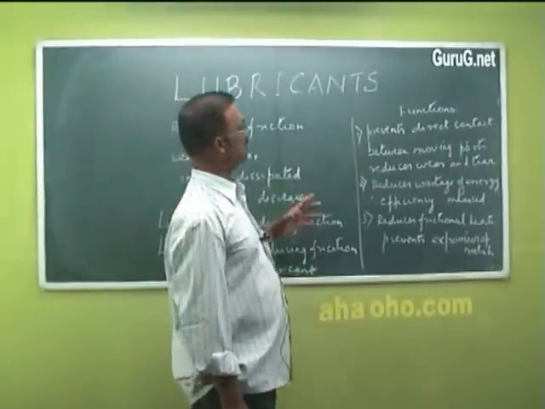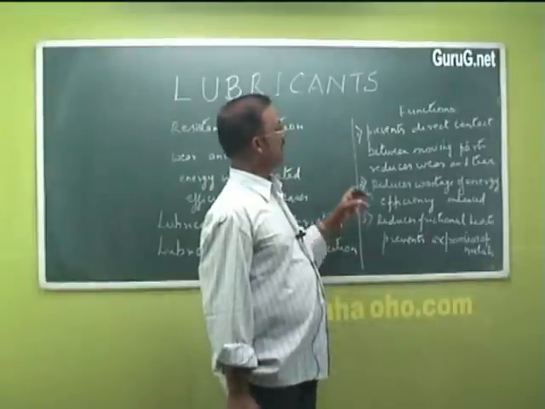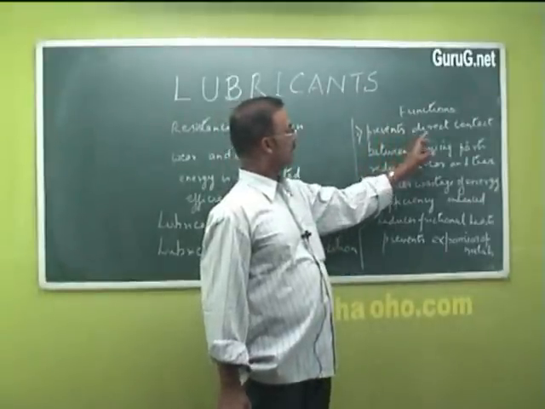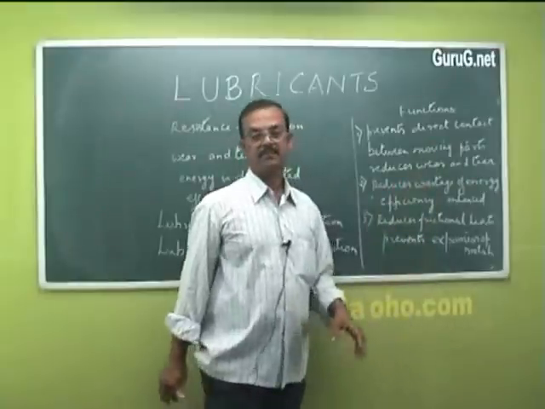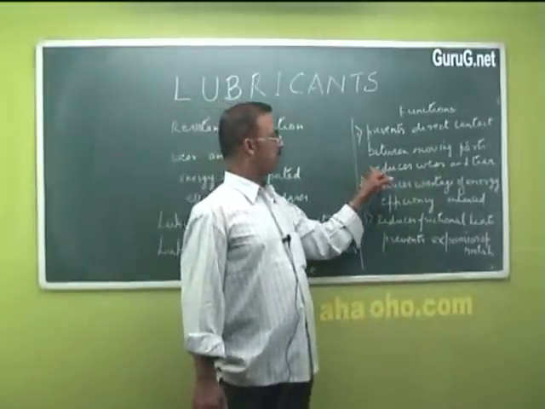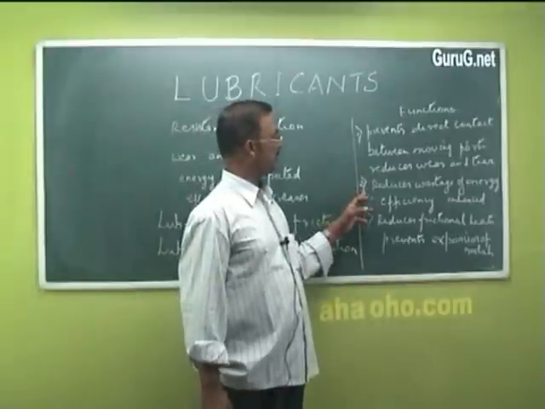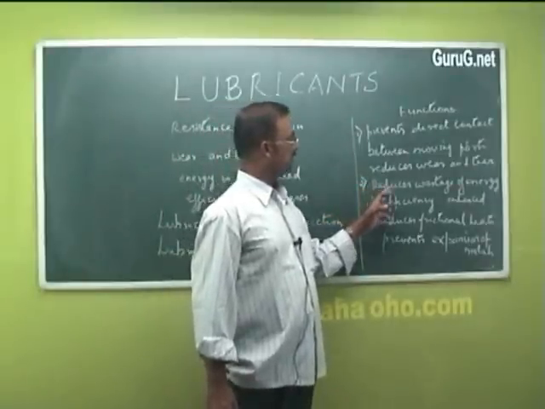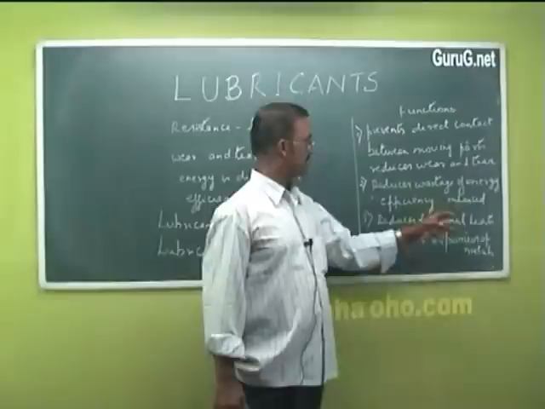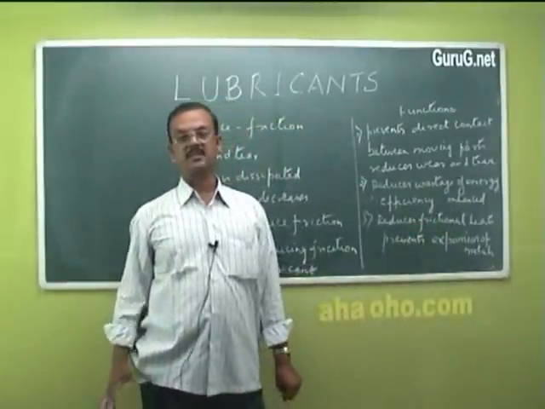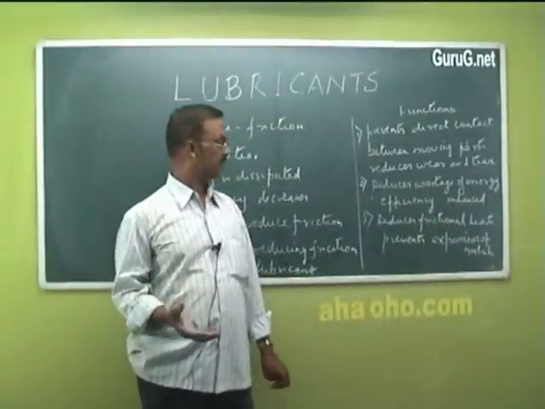Coming to the functions of a lubricant, it prevents direct contact between the moving parts, so this reduces wear and tear. Second, lubricants reduce wastage of energy. Therefore, the efficiency is enhanced.